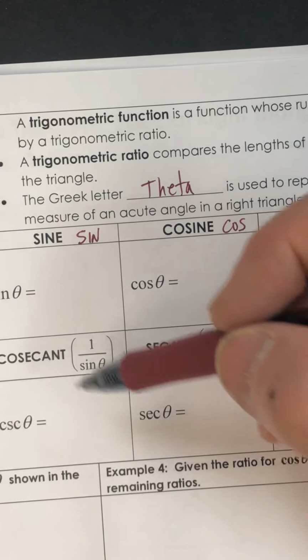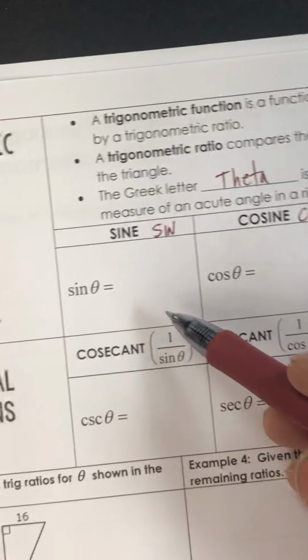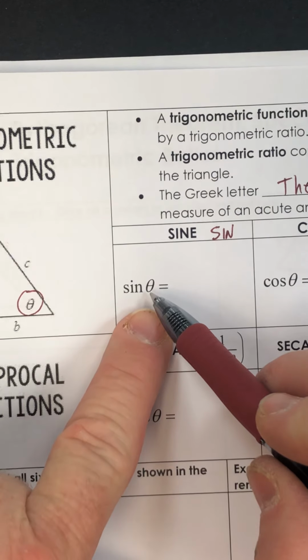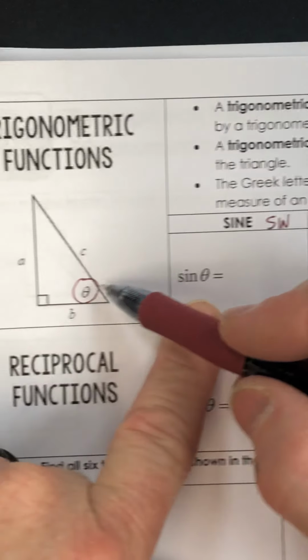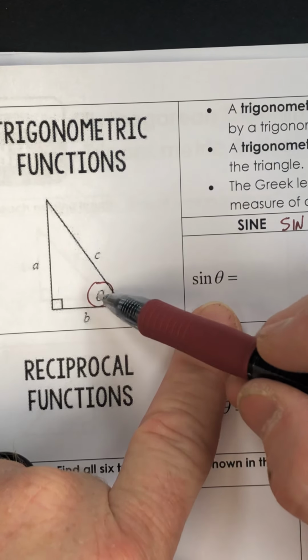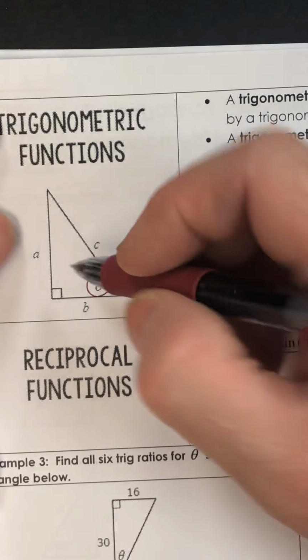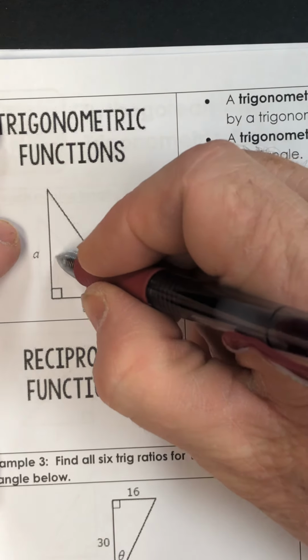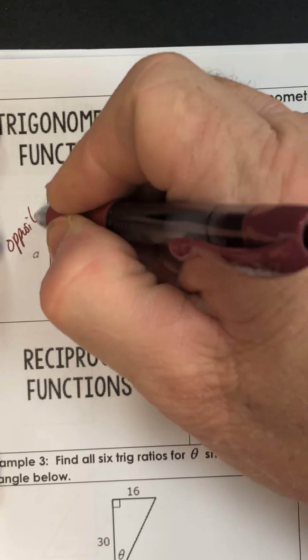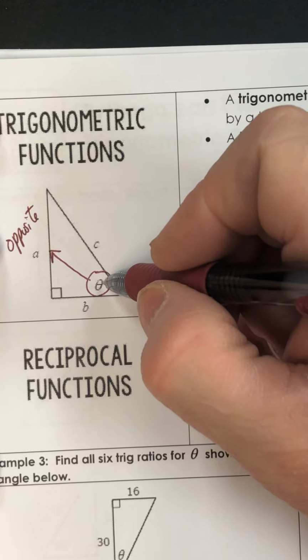So the sine function is the relationship from this angle right here, whatever that angle is. In this figure, it's from right here. If I draw a line directly across from that angle, that would be the side that's opposite that angle.